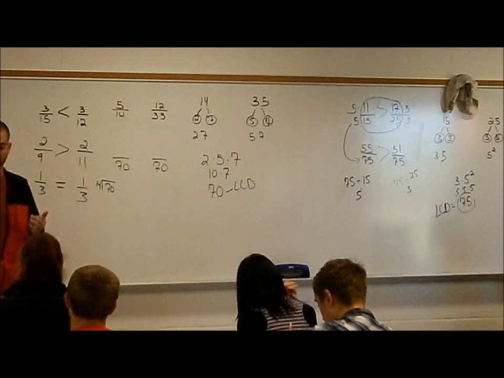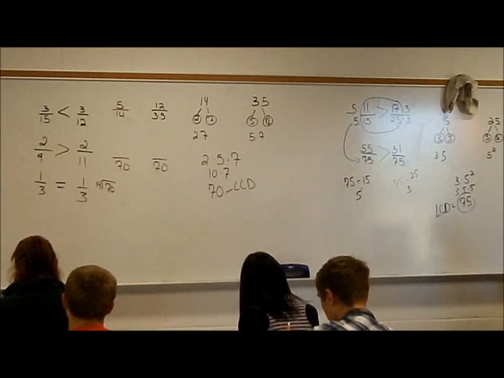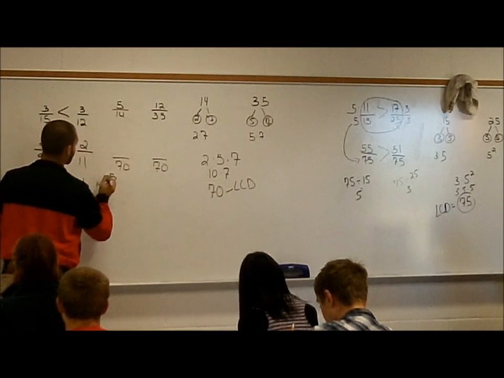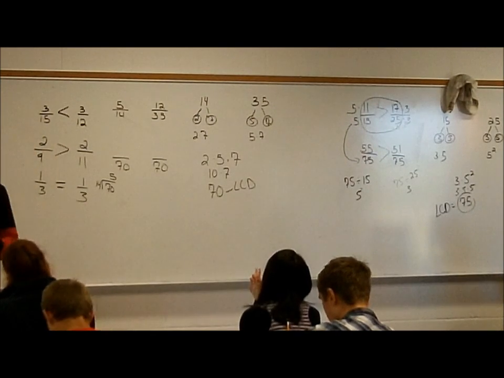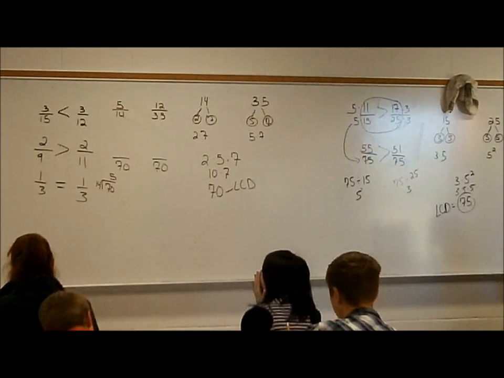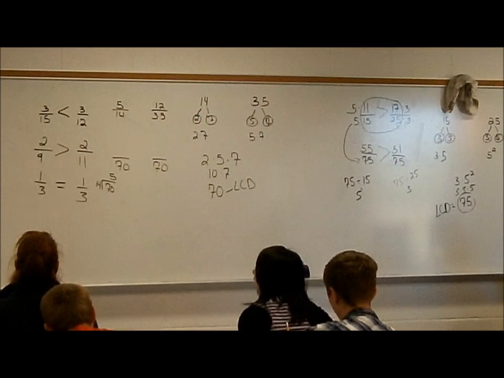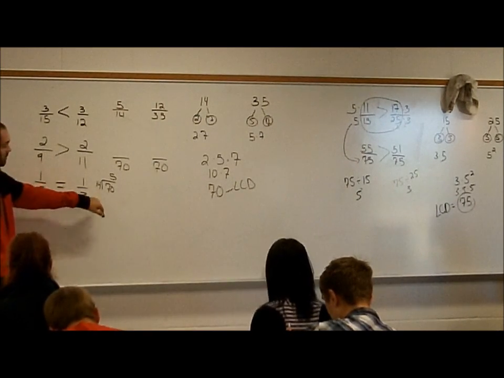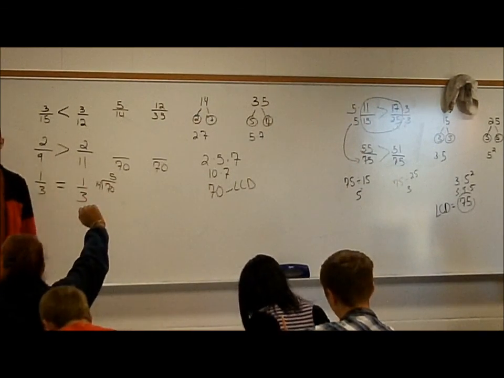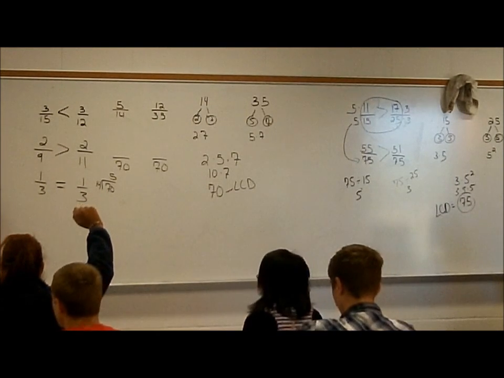Now you can use a calculator for this part. It ends up being 5. What do I do with this 5 now? I know 70 divided by 14 is 5.